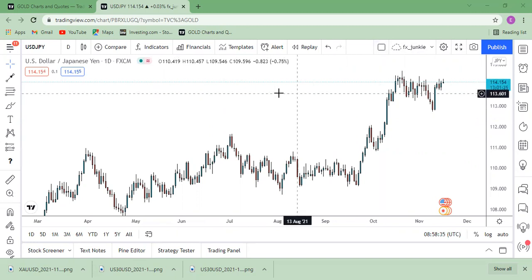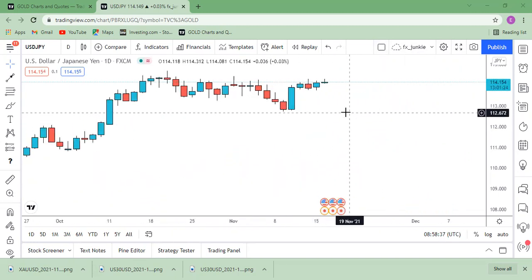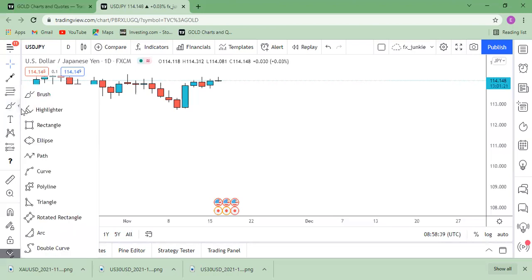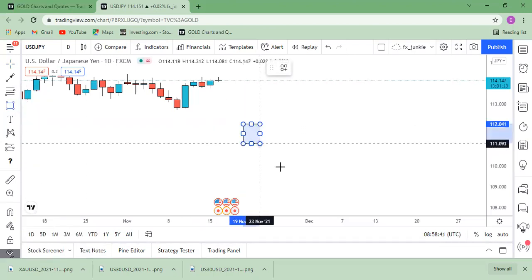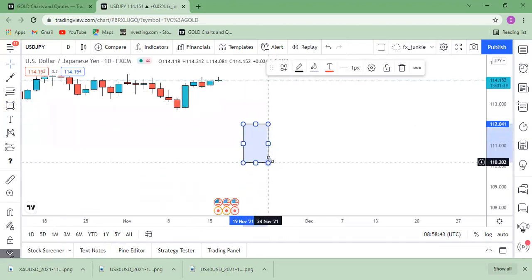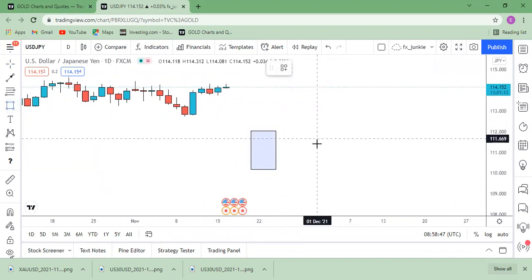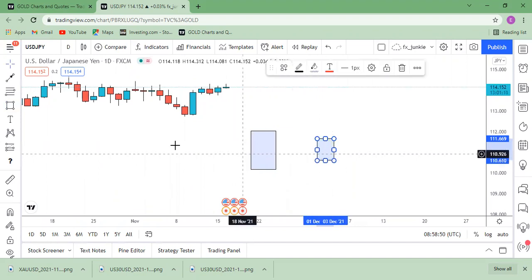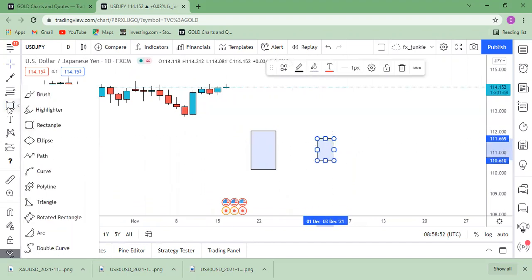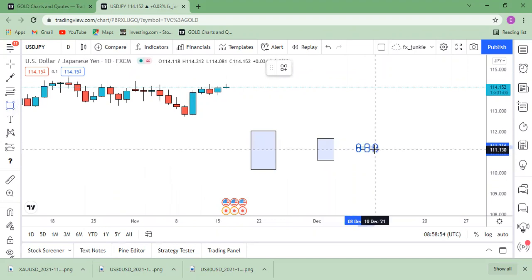So let's go. Let me first show you what a candlestick is. I'll be explaining from the basics. You get different kinds of candlesticks. There are so many types of candlesticks.